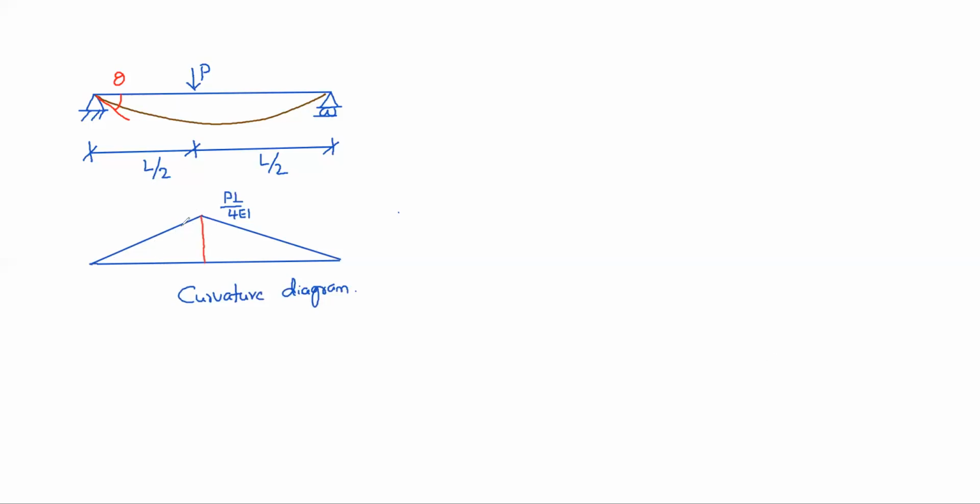The area between these two, this area is L by 2 width. So theta you can find easily because at center theta is 0. At the left hand, theta equal to half into L by 2 into PL by 4EI, that equals PL square by 16EI.